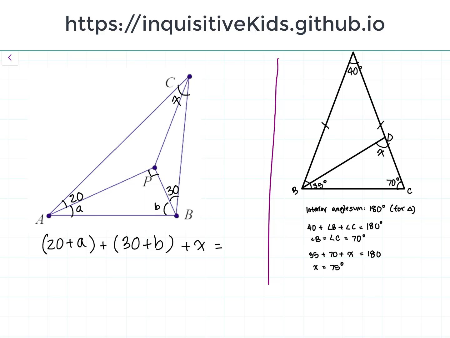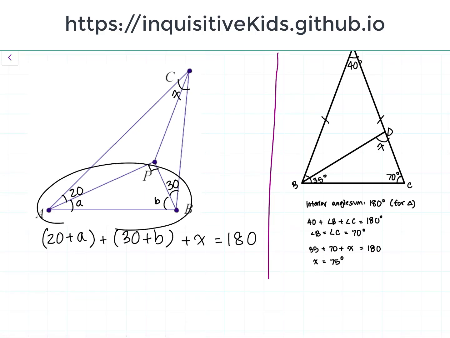We know that the interior angle sum of this large triangle must be 180 degrees. Now, if we take a look at this smaller triangle right here, we see that A plus B plus 90 degrees will also have to equal 180 degrees.